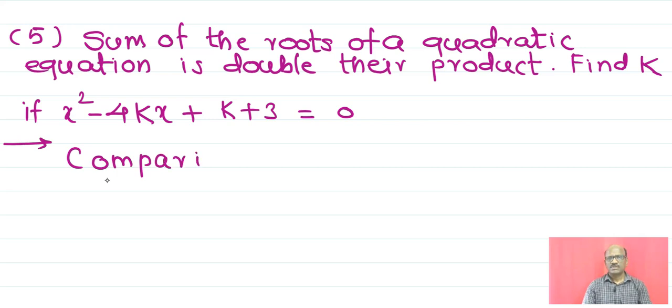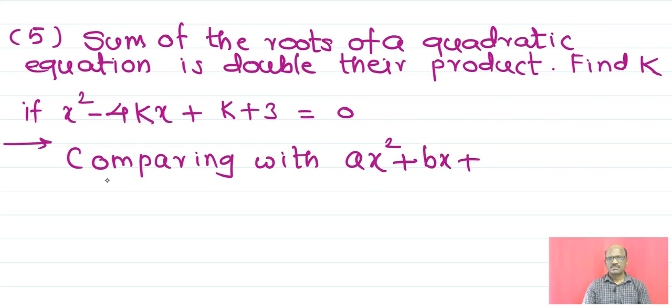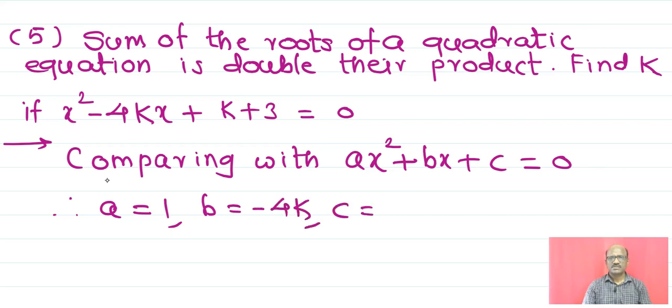Then comparing with ax square plus bx plus c equals 0, a is equal to 1, b is equal to minus 4k, c is equal to k plus 3.